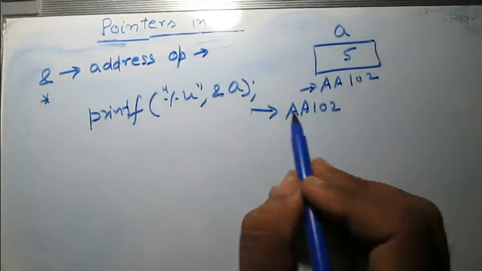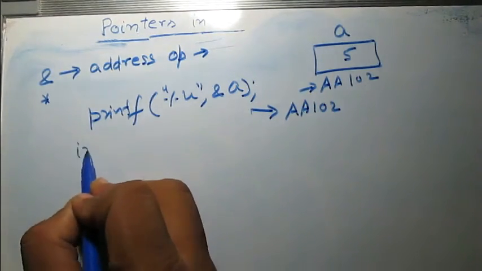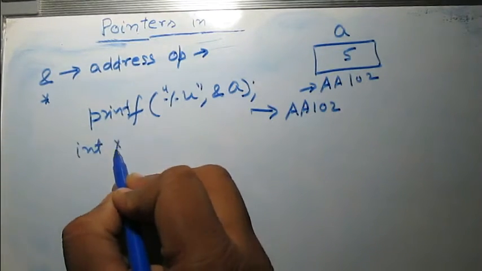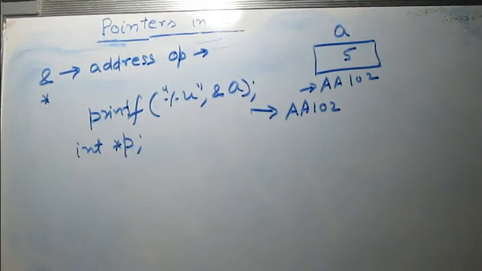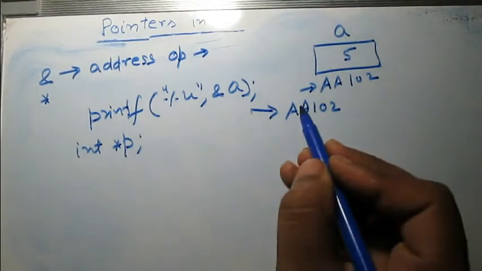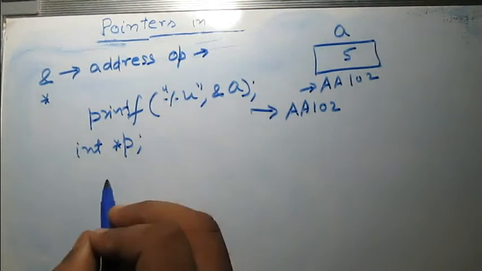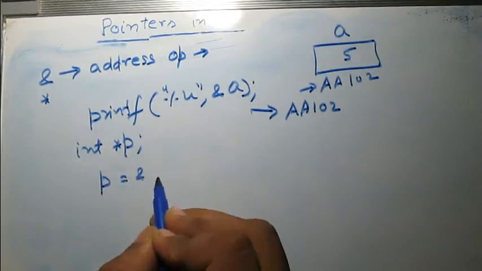Now if I want to store this address into another variable, then I have to declare a variable of pointer type, as I told you earlier, like this. Now in this pointer variable I can store the address of any other integer type variable: p = &a.